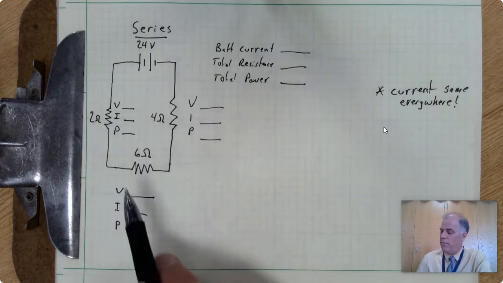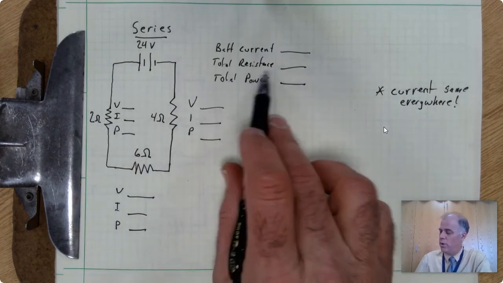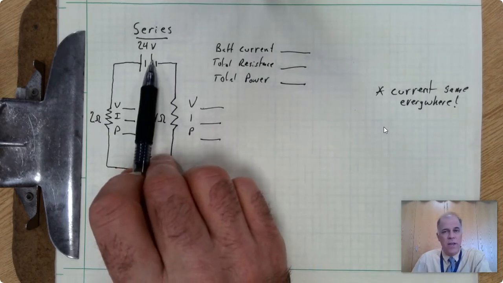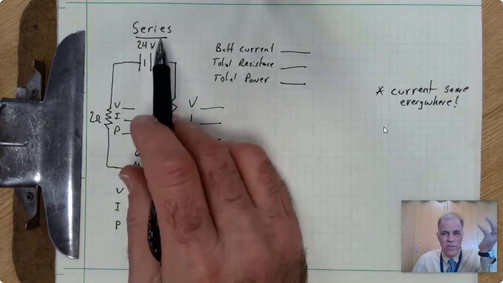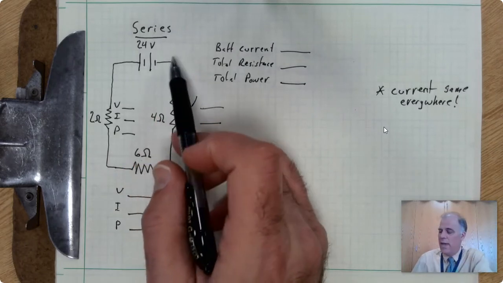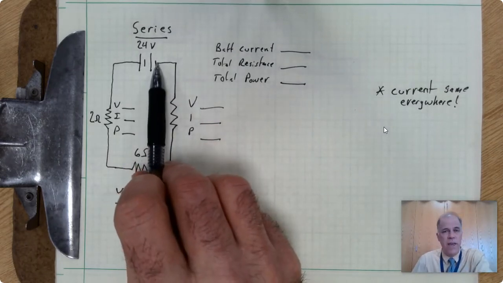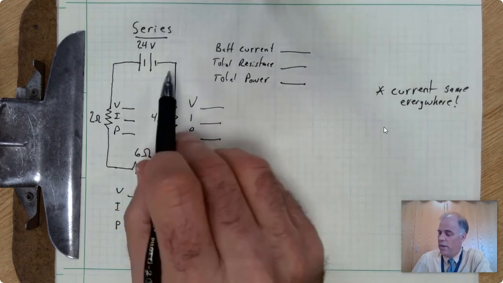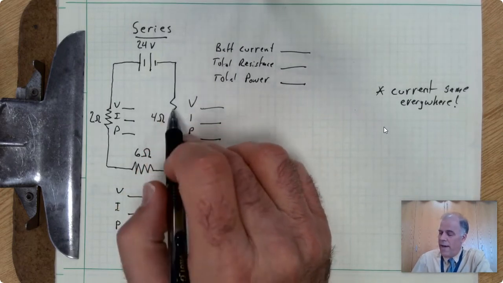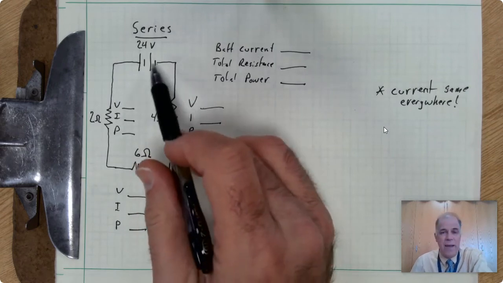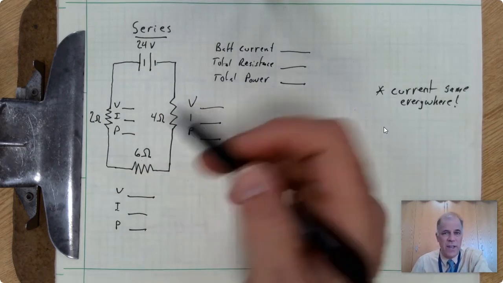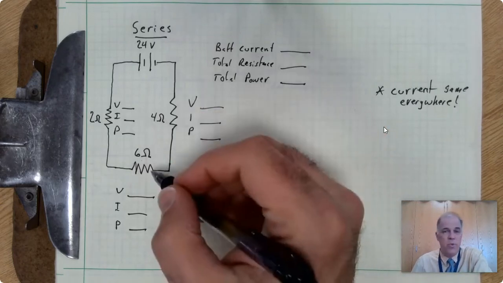We're going to figure out the total resistance that the battery encounters. Now, again, you kind of have to remember the battery is just a stupid thing. It's just an object, and it's trying to push electrons down the wire, and it's having a little bit of trouble doing that because of the fact that there are resistors in the way. But the battery has no way of knowing if there's a whole bunch of resistors all stacked up in some strange way, or if there's just one big resistor.